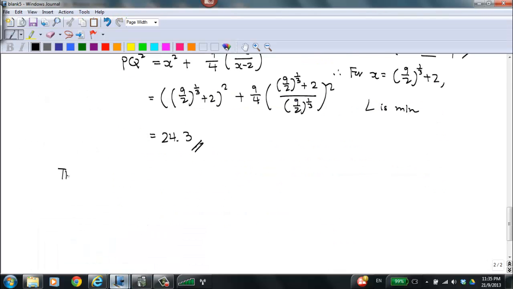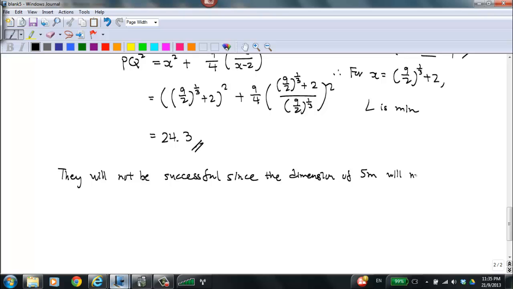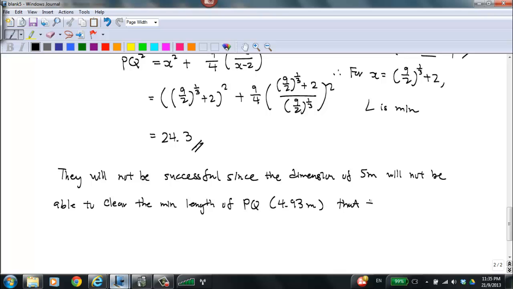So the answer is they will not be successful, since the dimension of 5 meters will not be able to clear the minimum length of PQ, which is 4.93 meters, that they will encounter when turning around the corner.